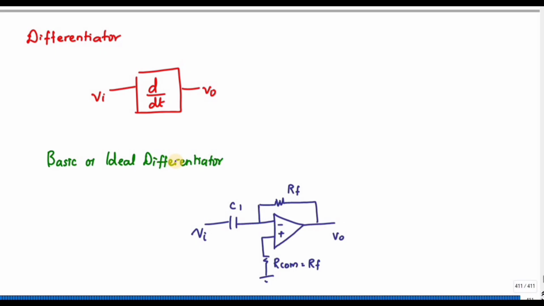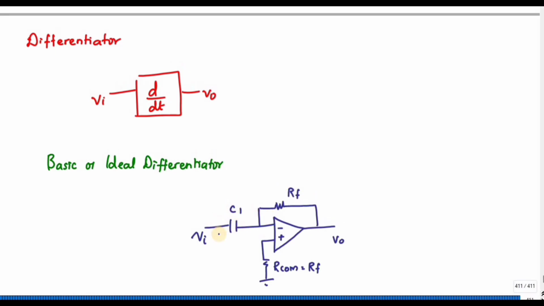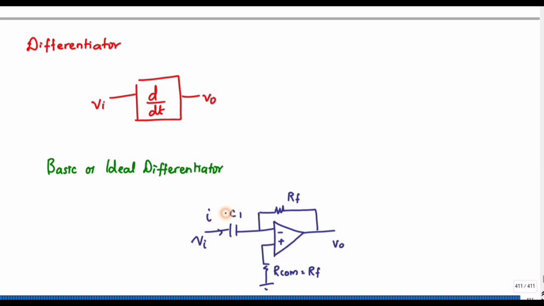Here you can see the input is given at the inverting terminal, and if we compare with the ideal integrator, the R and C get interchanged, right? Let me take the current flowing through this one as IC, and this one as IF.